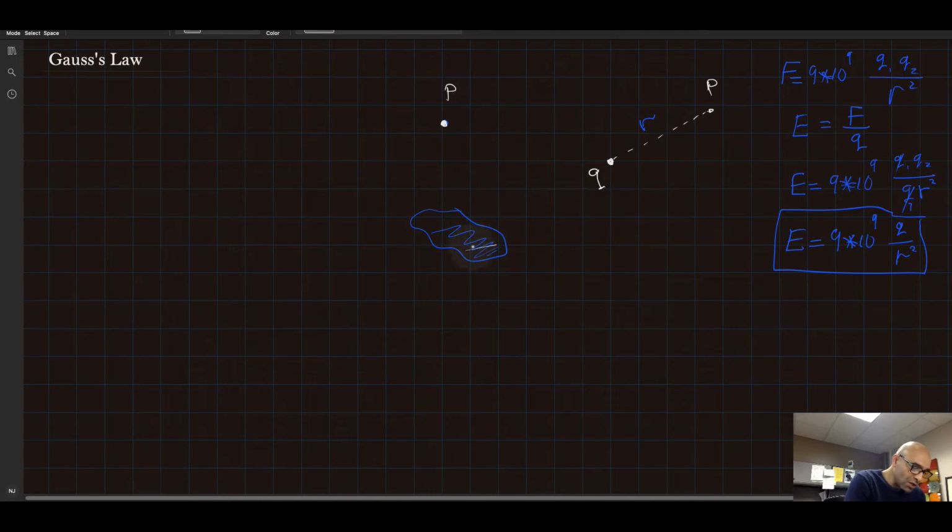So this whole thing is Q. Where is R? Let's say this is R for this little part of the surface, and this part of the surface is far away, and this part is even further away. It gets really complicated. You would probably need a computer to do this one.